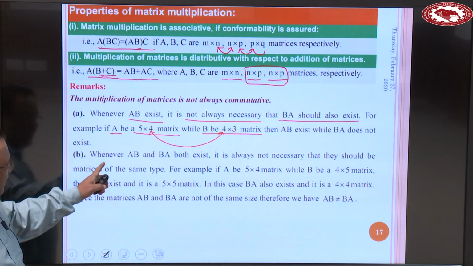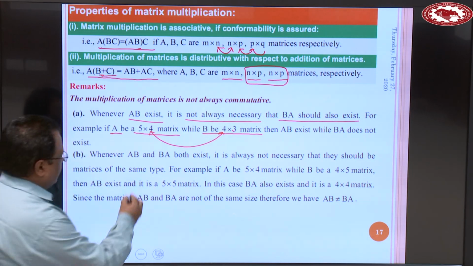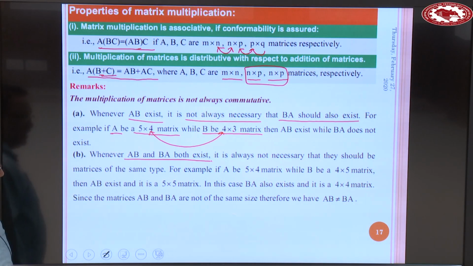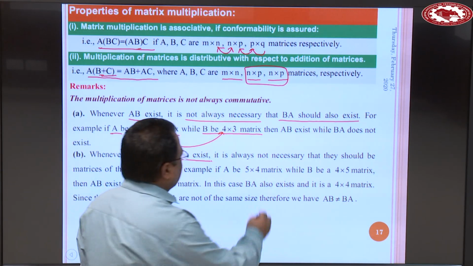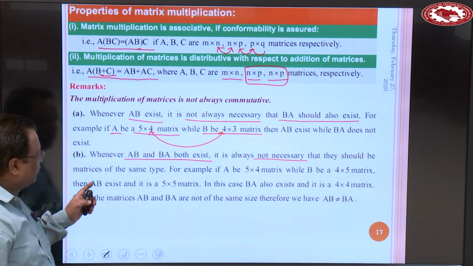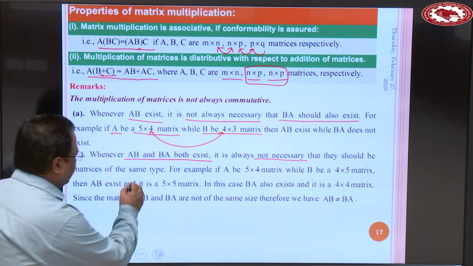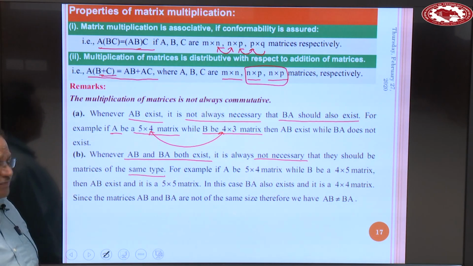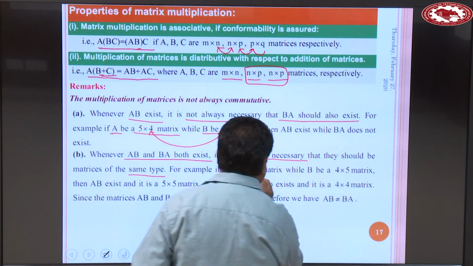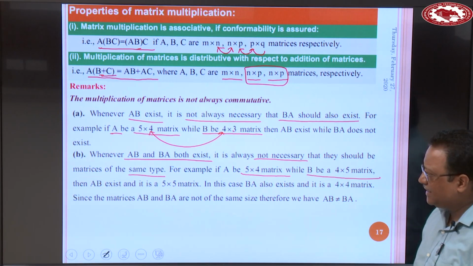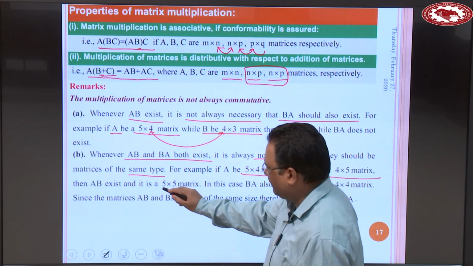Second, suppose AB and BA both exist. It is not necessary that they should be matrices of the same type. For example, if A is a 5 by 4 matrix and B is a 4 by 5 matrix, then AB exists and is a 5 by 5 matrix.